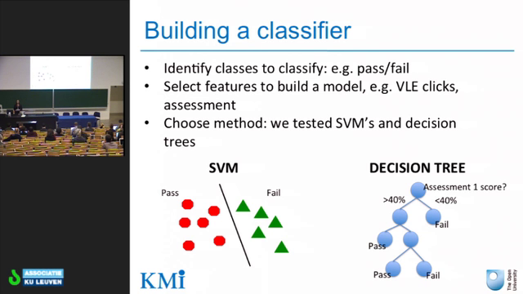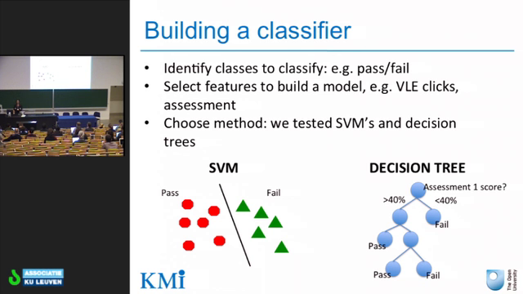A decision tree works slightly differently because it tries to find which are the important features in your data set which can be used to distinguish your classes. At the top of the tree, you get probably the most informative feature in terms of determining who's going to pass or fail. We're all familiar with these things where you go down a tree answering yes or no, and depending on your answer, you get another decision to make.